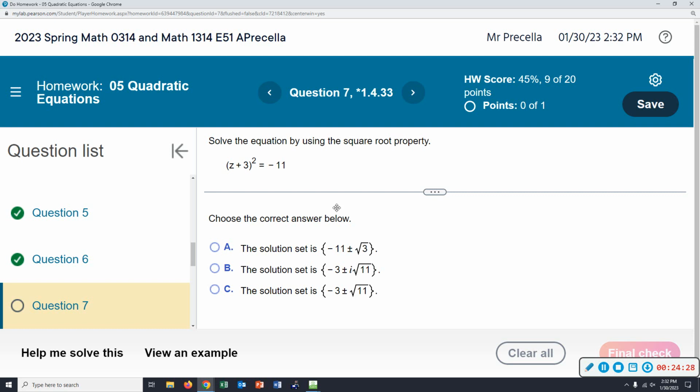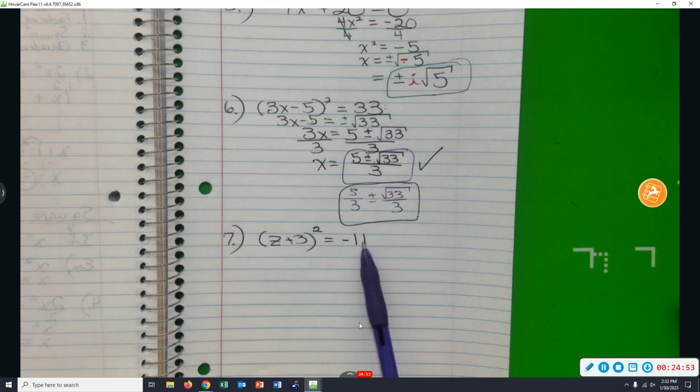Here's another one that happens to be multiple choice, and it's another one of the quantity squared equals a number. So, z plus 3 quantity squared is equal to negative 11. Y'all see why I say we can use the square root method here? We have something squared and a number by itself.